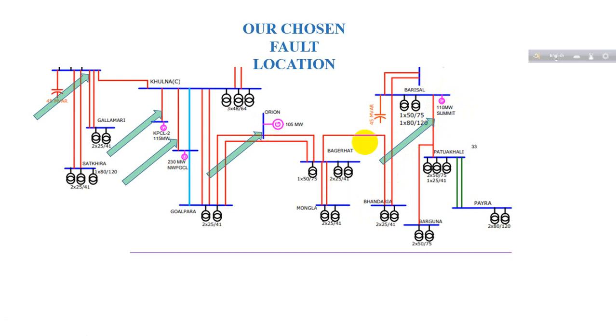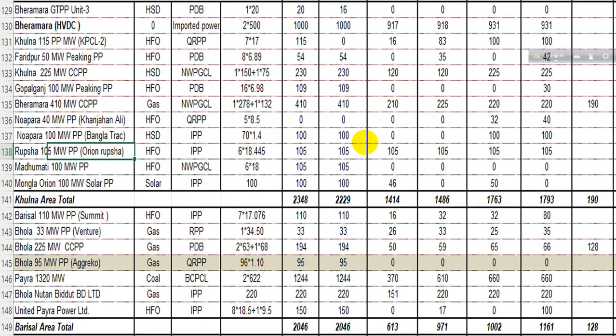After that, we need to know the nature of load forecasting to set our model in Simulink. To do so, we have found a data set from the month of April 2022 from the PGCB website, and here we have found these two columns.